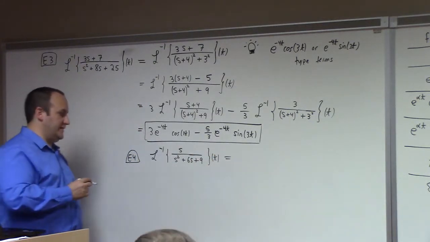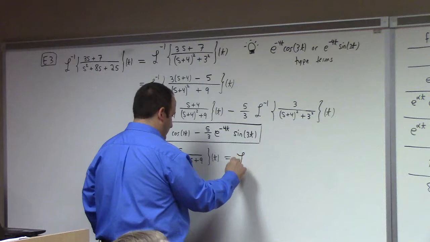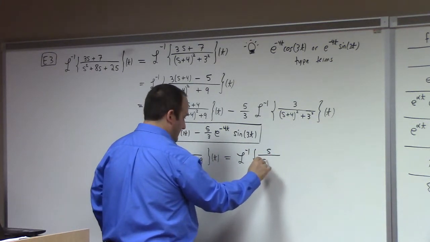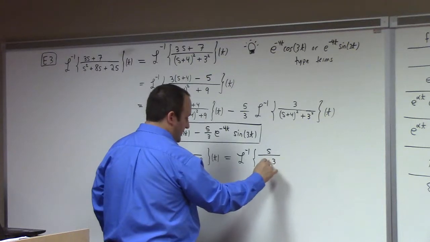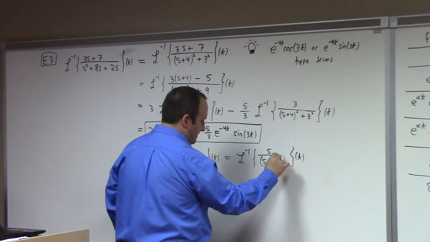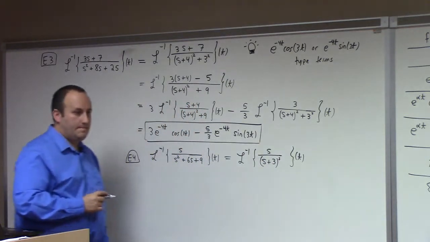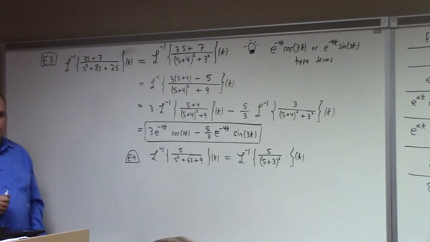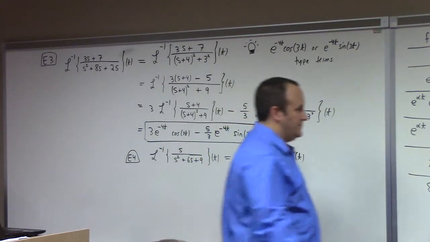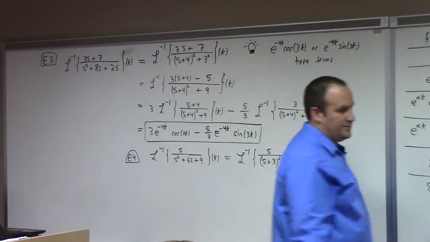Well, this time the denominator is s plus 3 quantity squared, right? Again, if you look over here, you notice that we don't have anything like that.